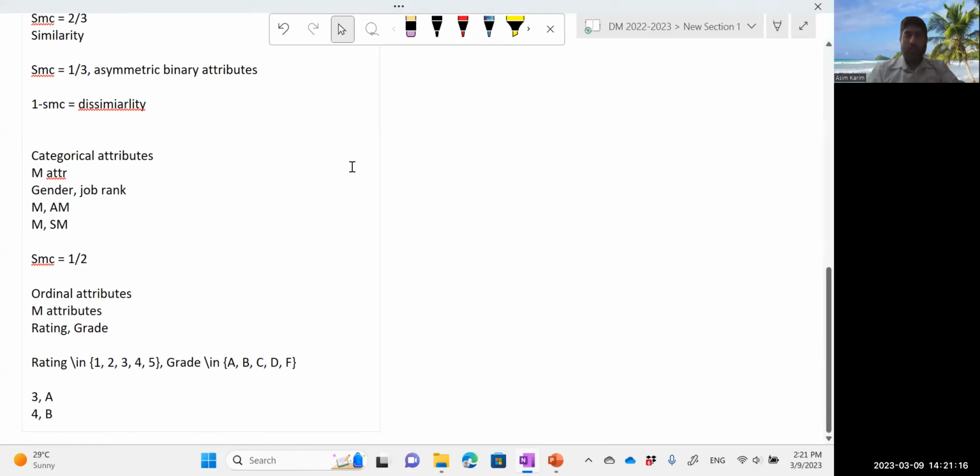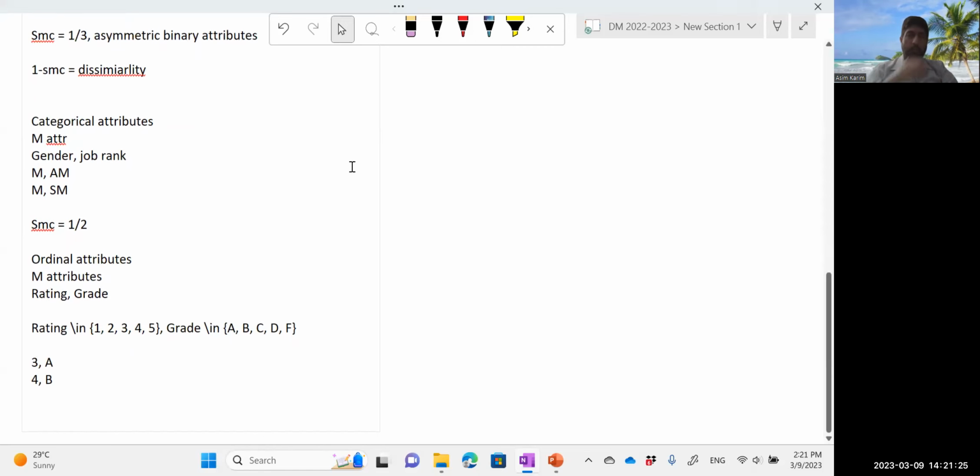Okay. So what we do is, since both attributes are ordered, we can consider each attribute separately and compute its difference. So for the first attribute, which is rating, what will happen? 4 minus 3, difference is 1. And how many possible values do we have? 5, right?